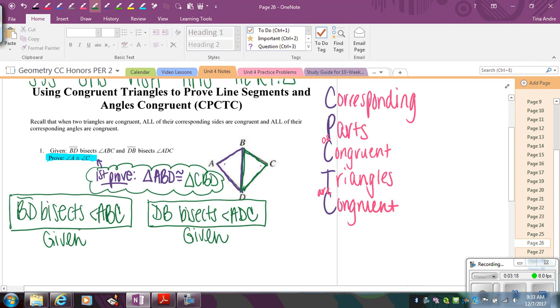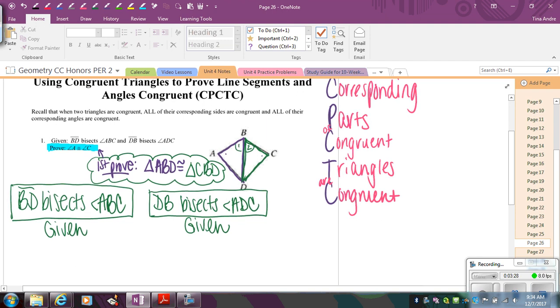So we're bisecting ABC, so that means angle 1 and angle 2 have to be congruent, because we're bisecting angle ABC, creating two congruent parts. So that angle gets split into two congruent parts. So I can say angle 1 is congruent to angle 2, because an angle bisector implies two congruent angles.